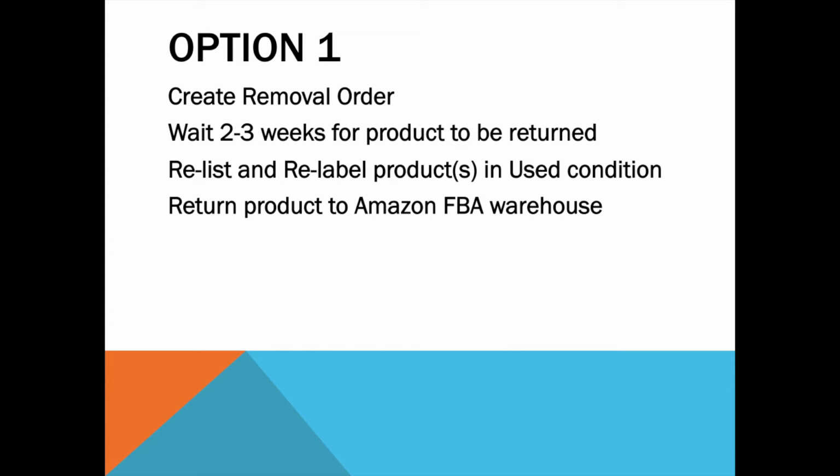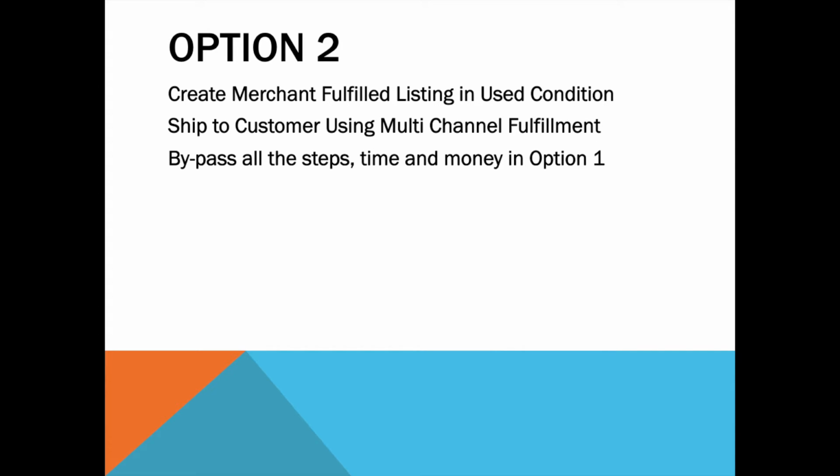However, just being a bit creative, thinking outside the box, I decided to try something new, which is, instead of option one, option two: you go into your inventory right here and you create a merchant fulfilled listing for the same product, but you create it in the used condition.